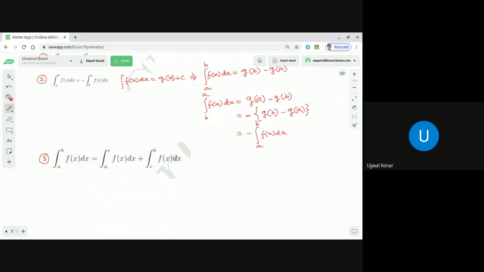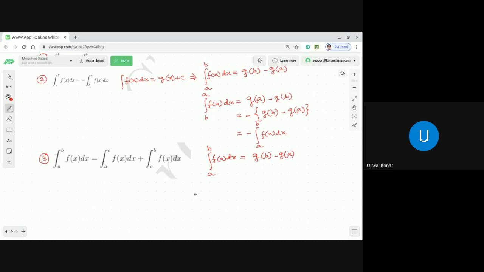I repeat. Integration a to b f(x) dx, from that previous example, is g(b) minus g(a), dear students.